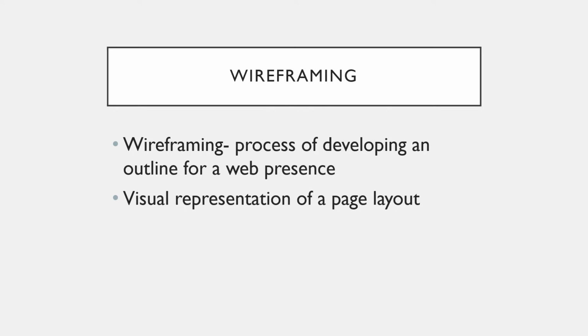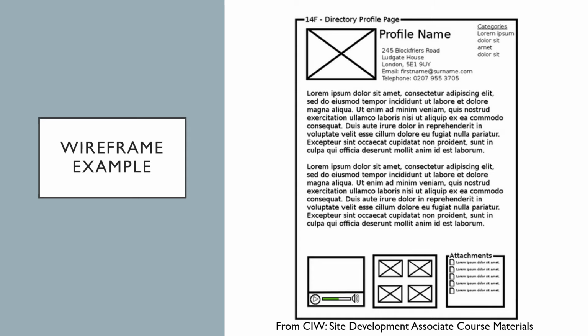So wireframing, as I mentioned, is the process of developing an outline for a web presence. This is a visual representation of a page layout, and this is an example of a wireframe. As I mentioned a couple slides ago, those of you who had me the year before may remember I had you do this. And in this example, this little X represents a picture, because they're not going to draw out the picture.